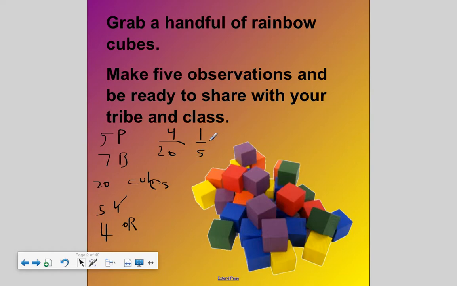So in other words, for every 1 orange piece, there are 5 cubes. So I could take an orange piece, this one right here, and match it up with 4 more pieces. So there's 1 orange for every 5 pieces, and so on and so on.